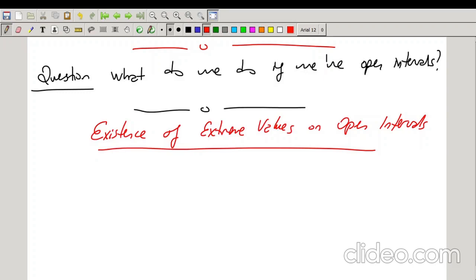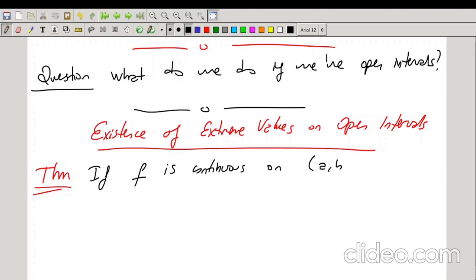Okay, let me state this is again a theorem. Theorem: if f is continuous on the interval AB, so now pay attention that AB is an open interval.